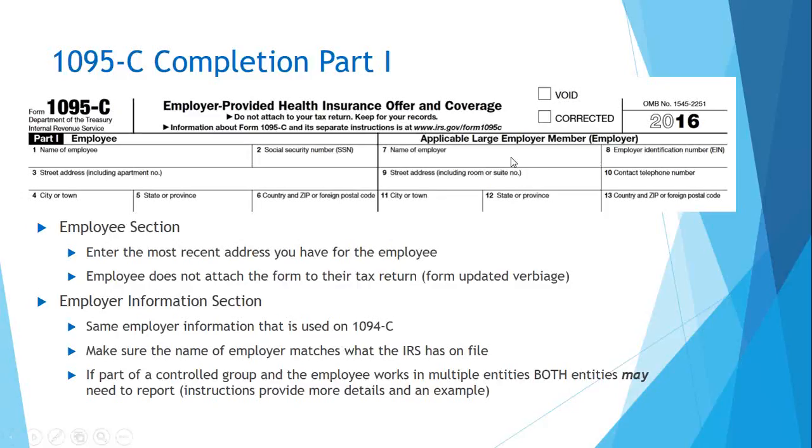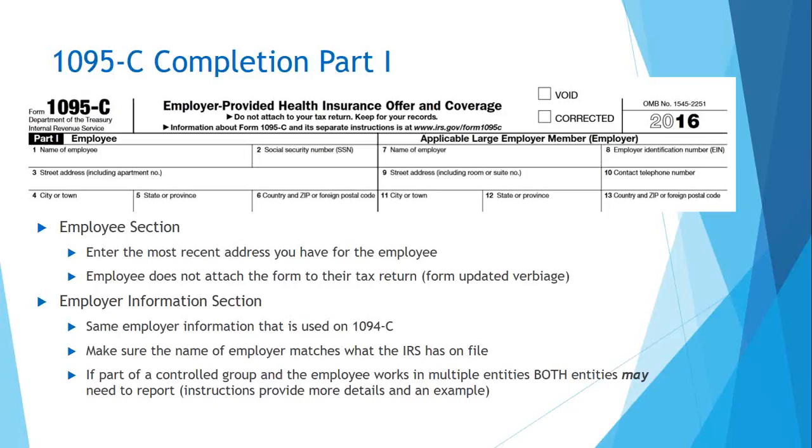The employer information is the same that's used on the 1094-C. If you do have a controlled group and you have multiple different entities and you have employees that you share between those entities, like if you have different restaurants and you have serving staff that goes back and forth between the two restaurants, both entities may need to report on a single employee.